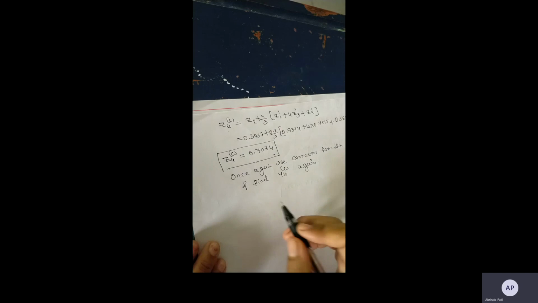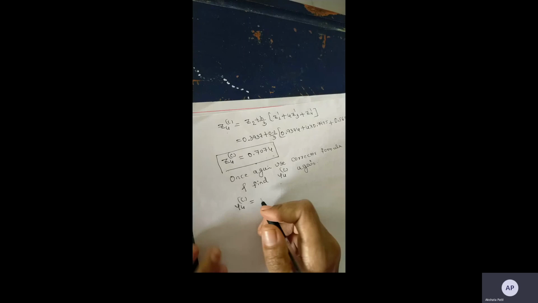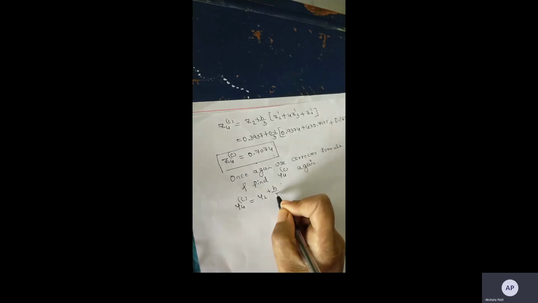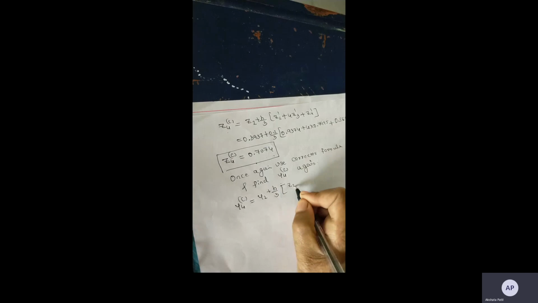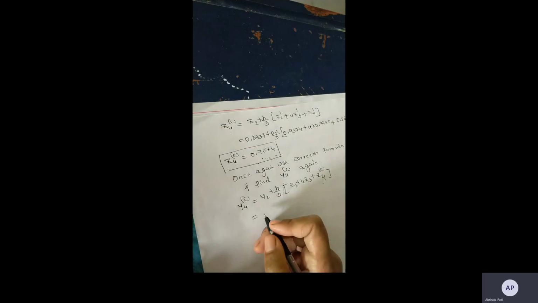So y4 of corrector equals y2 plus h by 3 into z2 plus 4z3 plus z4 of corrector value. Here we use the z4 corrector value above. Now let us substitute the values once again.